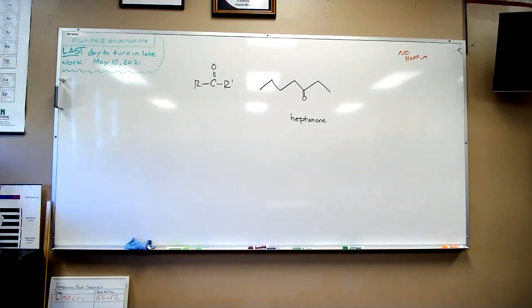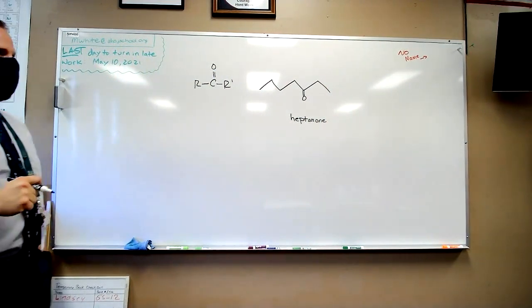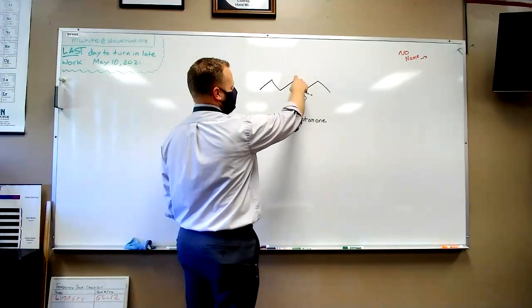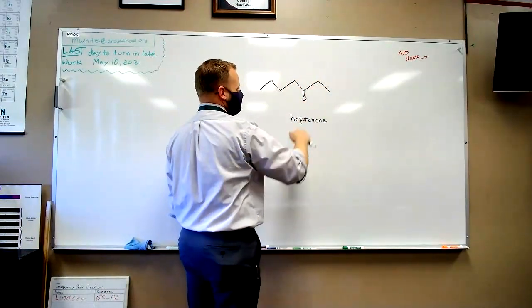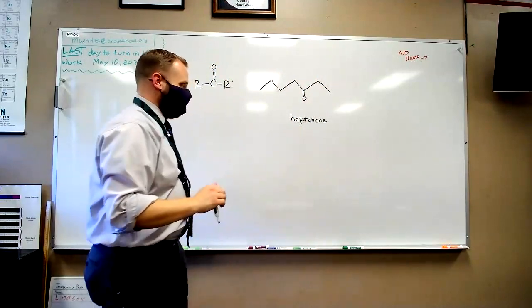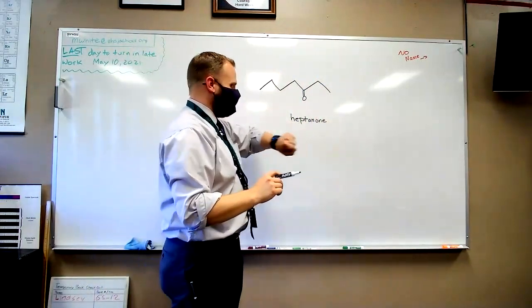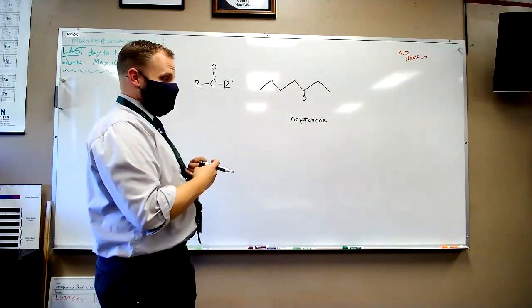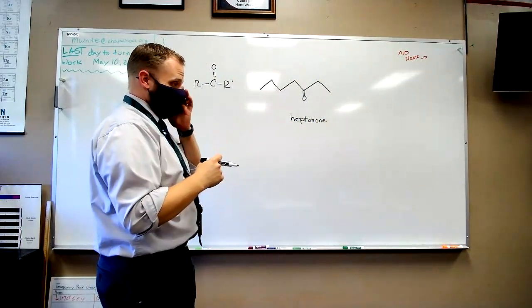But now we have to say where that functional group is, because we can put it here, here, here, here, or here, and those are all different isomers of heptanone. So once again, we have to do our numbering scheme.